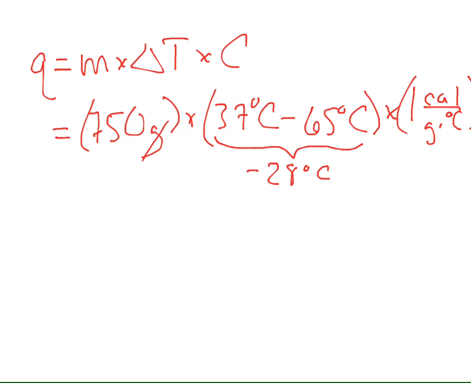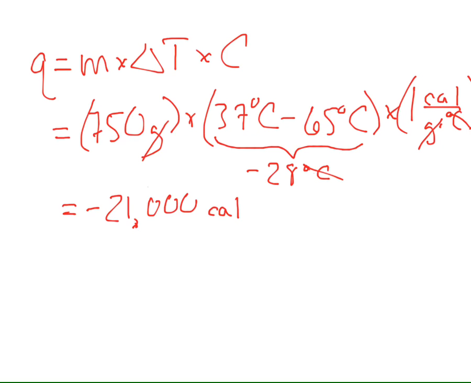Negative 28, correct. So grams cancels, Celsius cancels, I'm left with calories, which I should be. So you punch all that in: 750 times negative 28 times 1 calorie is negative 21,000 calories.